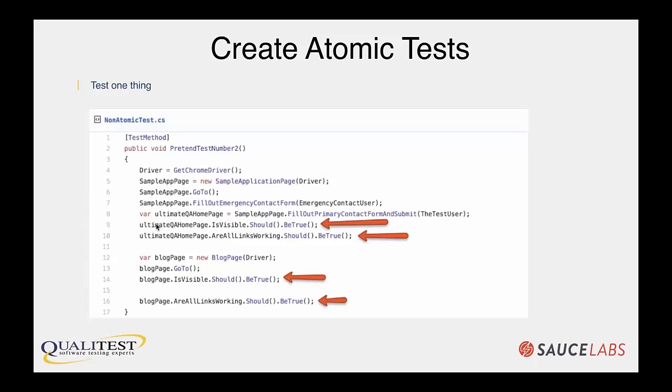Your Ultimate QA homepage doesn't load up for some reason. This means that any line afterwards will never be tested, which means you have a gap in your coverage because your test can't touch any of these other features because, right, your test failed at line 9. So that's a problem with atomic tests, and you want to make sure that you have atomic tests.